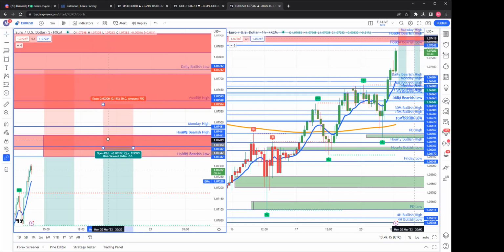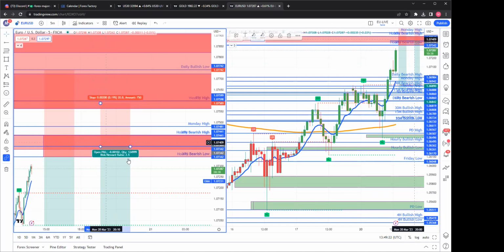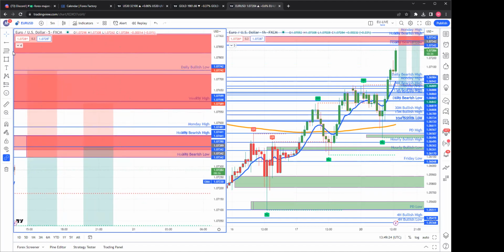It doesn't have to be exactly there. You can just lower it a little bit so that at least you get tapped in, because we've had instances where our entries get missed by like 1 pip. So you're not going to lose a lot of money just setting your pending sell a few pips lower than what I've given to you guys.